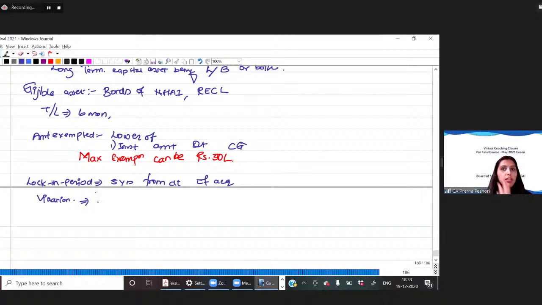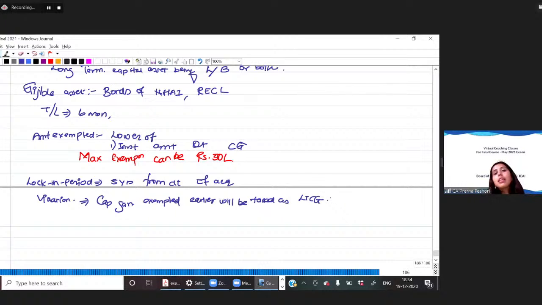In case of transfer or conversion of the bonds, or if you mortgage those bonds and obtain a loan against that, so not only when you transfer the bonds, but also when you obtain the loan by mortgaging those bonds, then before the expiry of 5 years from the date of acquisition, the capital gain exempted earlier will be taxed as long-term capital gain in the year of violation. Is it clear?